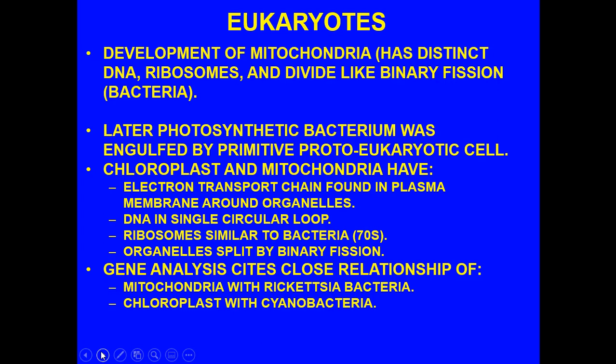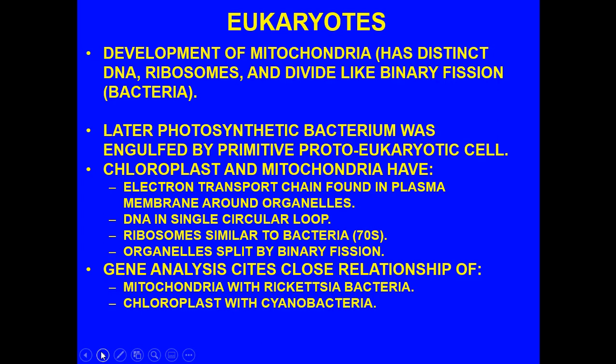Now, mitochondria basically are very important in the cell in that they will produce a lot more ATP per molecule of glucose. Chloroplasts take light energy to help synthesize glucose. But let's take a look at some of the other things that are important here.